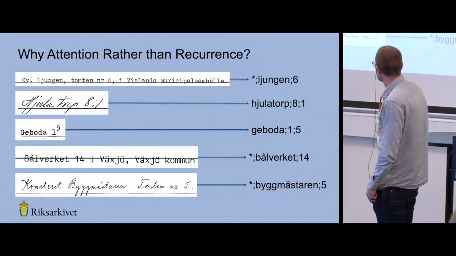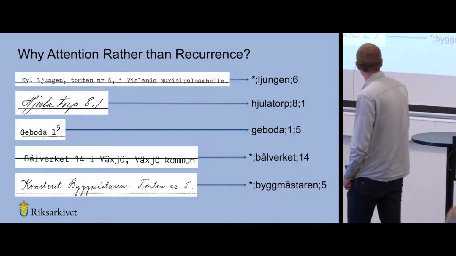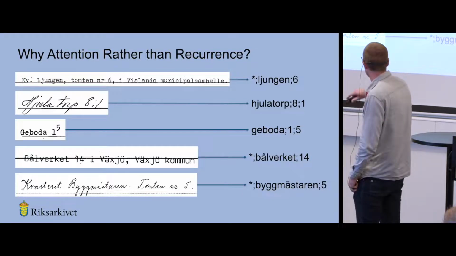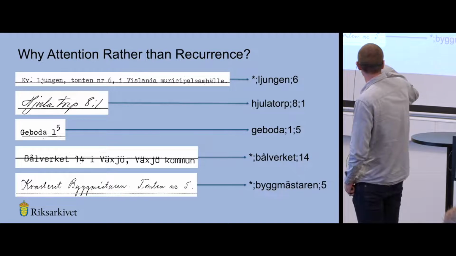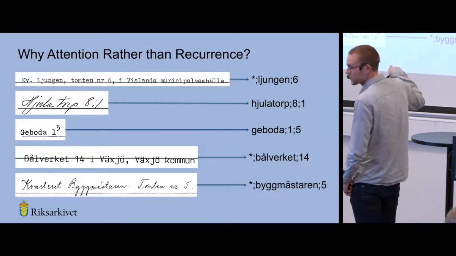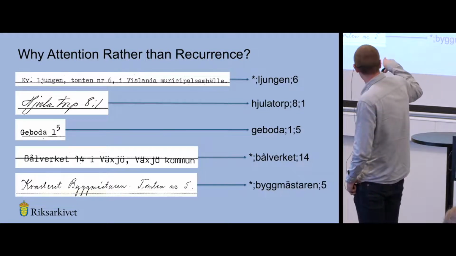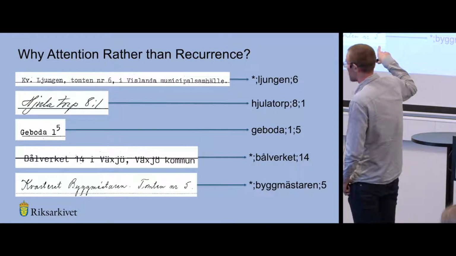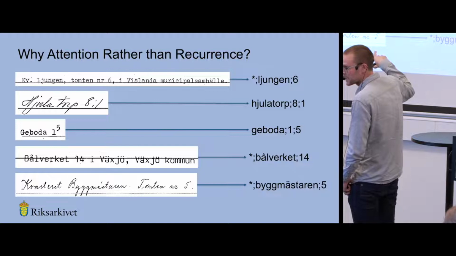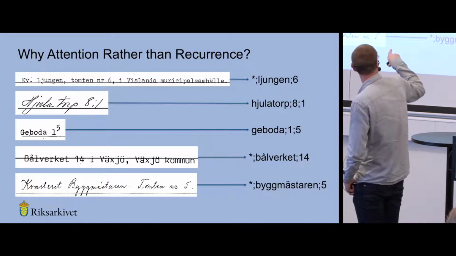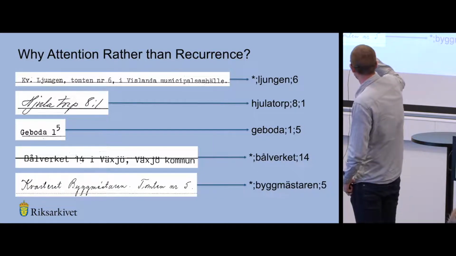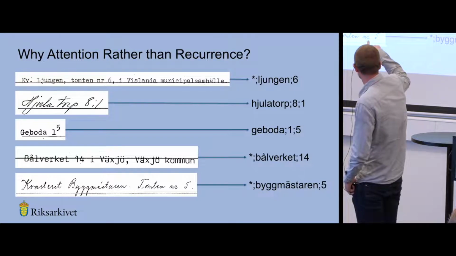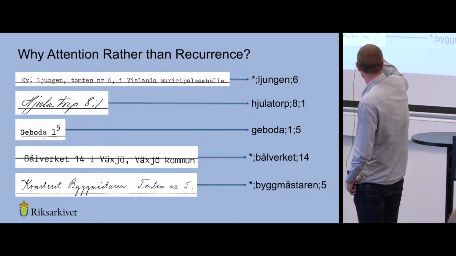And why did we choose attention rather than recurrence? Here you see some images of property names with their corresponding ground truth. In the ground truth, or in the predictions, we're interested in 3 fields separated by semicolons. So we don't want a translation of what it says on the image.